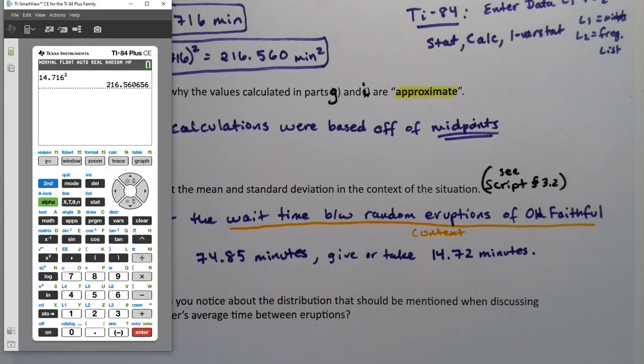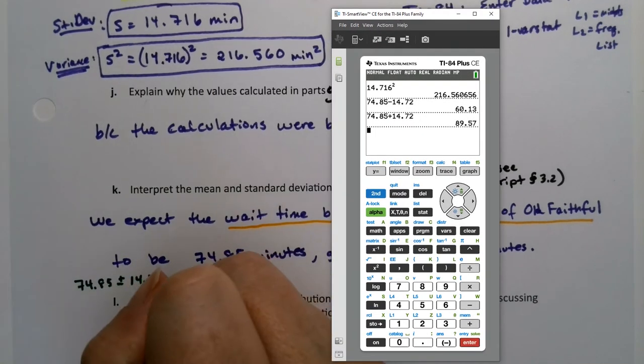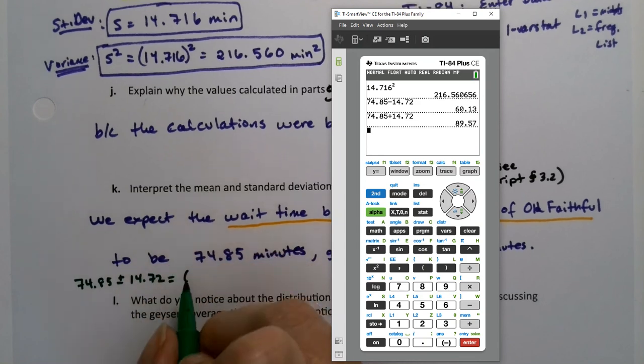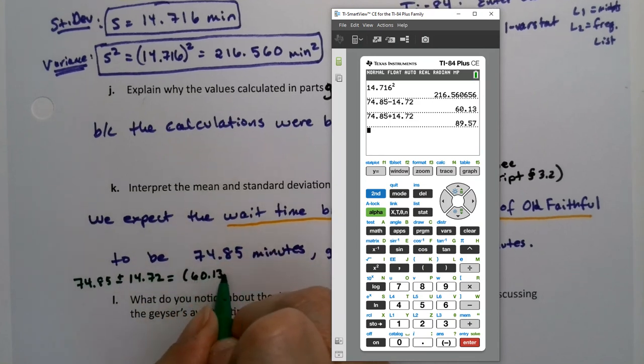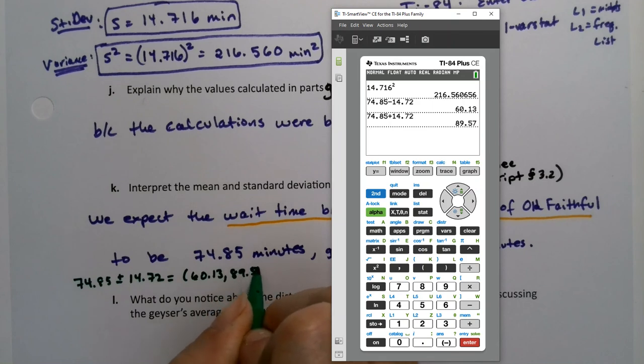Okay, 74.85 minus 14.72 is 60.13. 74.85 plus 14.72 is 89.57. So this would be, if I make a little window for it just for my own benefit, 60.13 to 89.57.